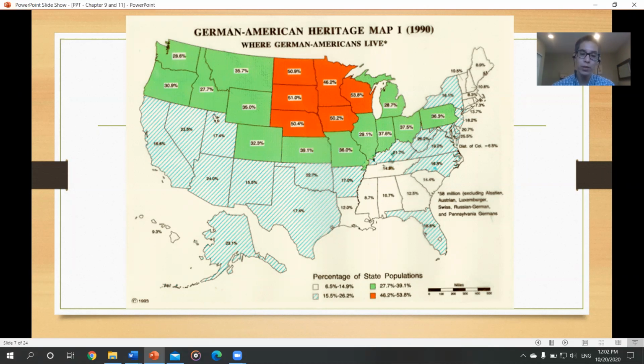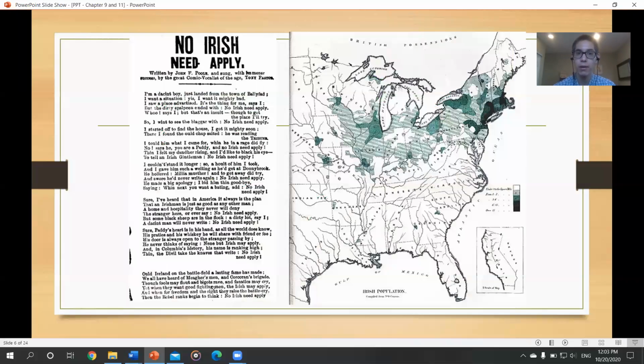Now, again, it might seem weird to think about how the Irish Americans would be discriminated against because they're white. But back then, there were divisions within the white race, I guess, and there were certain white people that were considered superior.